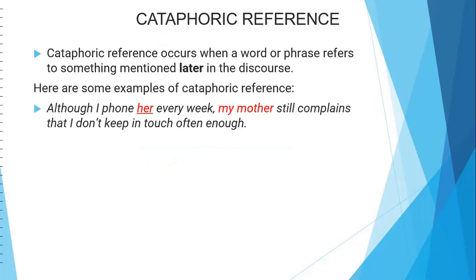Although I phone her every week, my mother still complains that I do not keep in touch often enough. Now, her refers to my mother. It means in cataphoric references, basically, reference comes first and identity is disclosed later on.